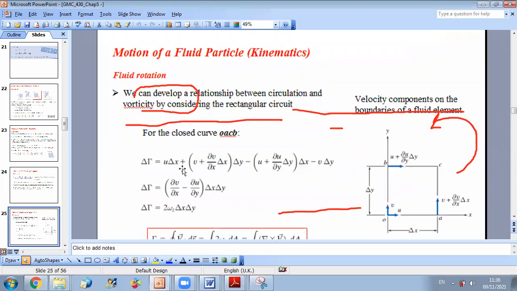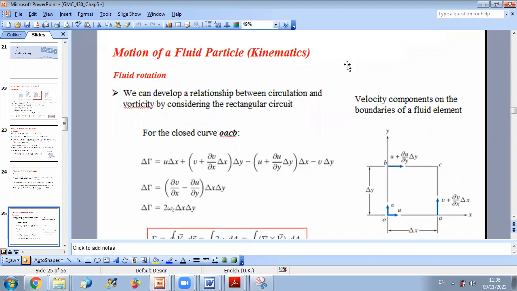Now, let us see how we can calculate circulation. We'll take a simple example to illustrate how circulation can be calculated. Let us consider a simple case where you have a rectangular curve, and you have the flow. In this case, the flow is defined as follows.